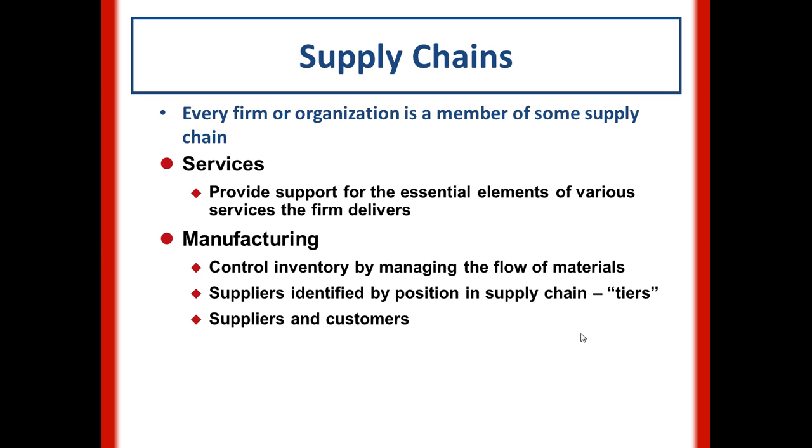The goals of the supply chain are different between service providers and manufacturers. For service providers, the main goal of the supply chain is to come together to provide support for essential elements of the various services the firm delivers. The main objective of the manufacturing supply chain is to control inventory by managing the flow of materials.